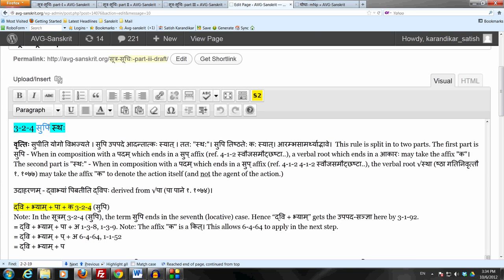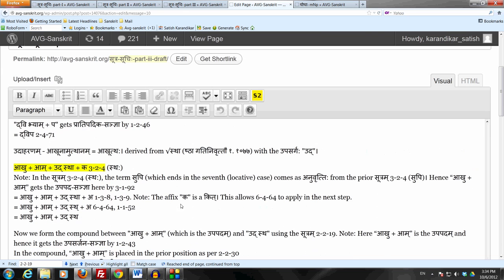So this second sutram stha covers the case where we use the same affix ka following the verbal root stha, but now in the sense of bhave, to denote the action itself and not the agent. So akhunam utthanam is just the rising up of the rats, like the swarming of the rats. It denotes the action itself.